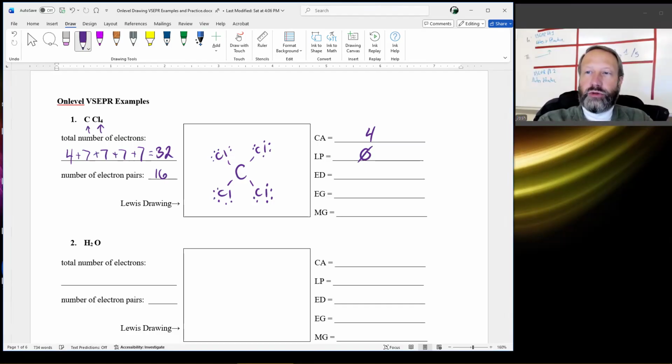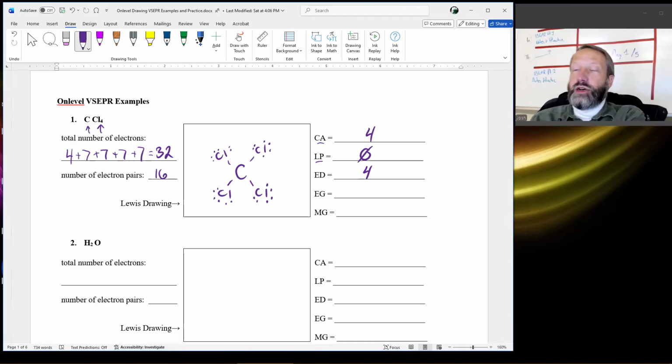I'm not counting those on the outside. Not doing it. Don't count them. CA is connected atoms to the central atom. LP is lone pairs on the central atom. And then electron domains, ED, is the total.